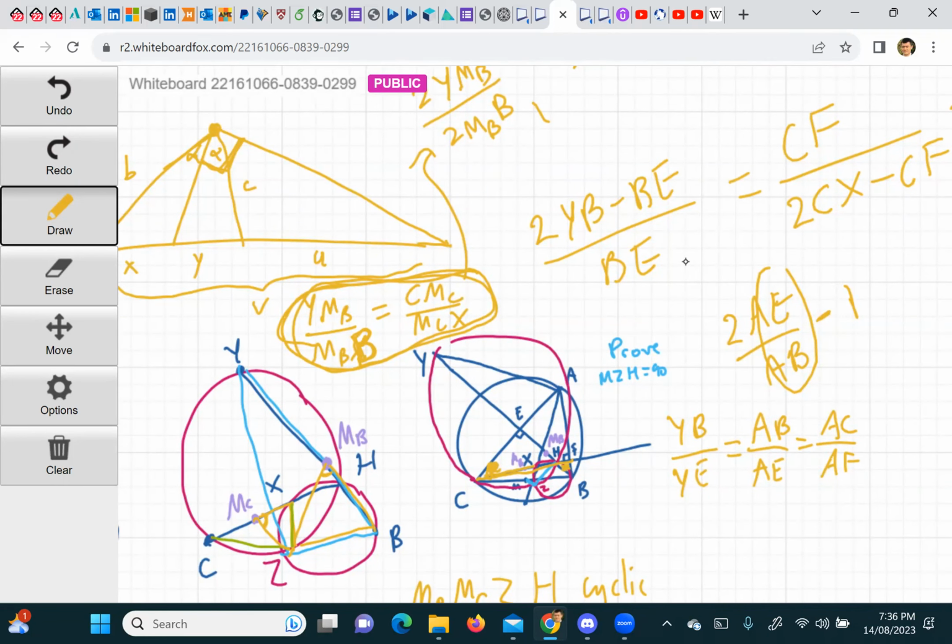Midpoints, right? So CX on XF is equal to YB on YE, right? It's the same expression, they're equal.